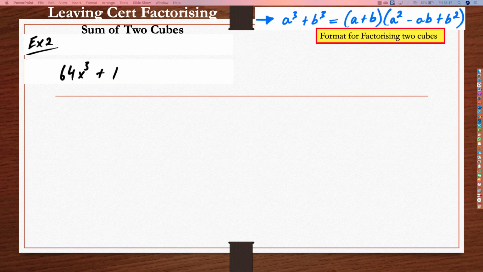This is the sum of two cubes. Sum is when it's plus, difference is when it's minus.